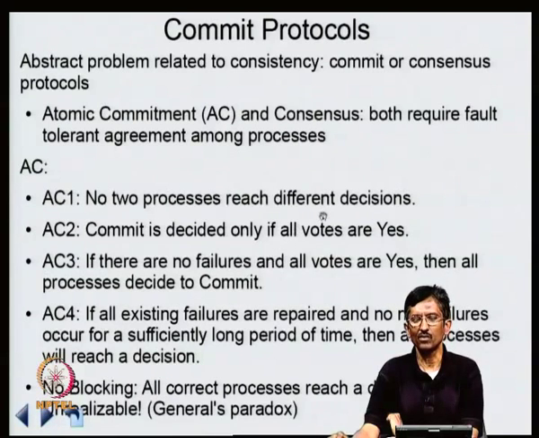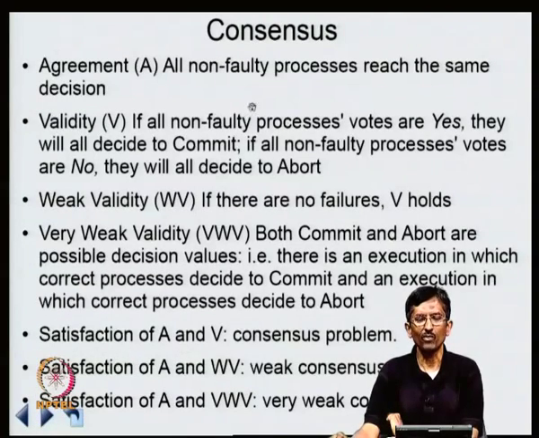So, basically in some sense the assumption is that the faulty processes crash and then come up again somehow. That is the assumption made in this model. Whereas in the case of consensus, faulty processes can do arbitrary things, they can be Byzantine. So, that is why we are carefully delimiting how we make up our minds on consensus.